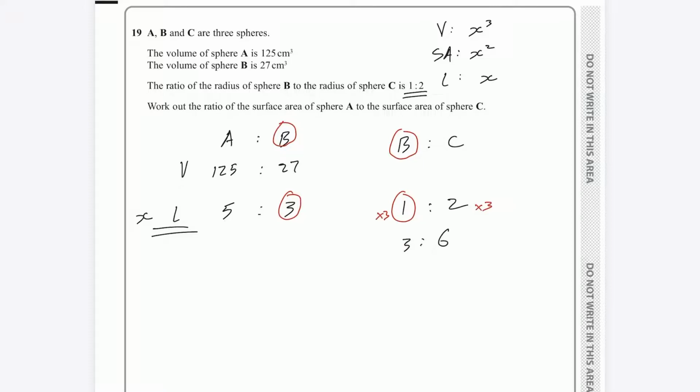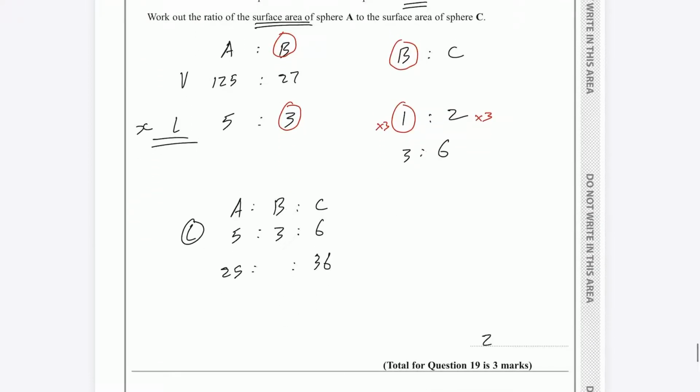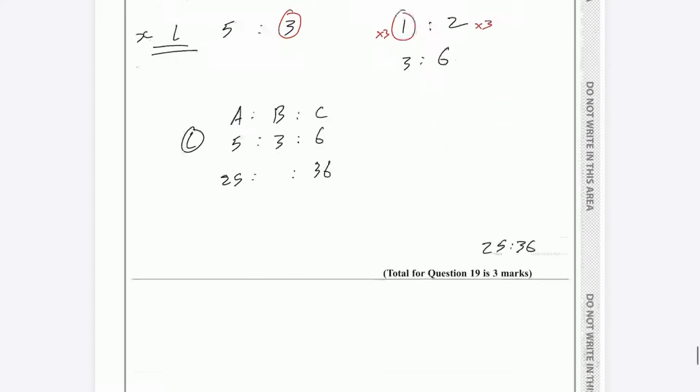So I can write the entire ratio of A to B to C as 5 to 3 to 6, and that is for length. But they want the ratio for the surface area, and like I said, surface area is squared, so that is going to be 5 squared, which is 25, to 6 squared, which is 36 for C. So that is going to be 25 to 36.